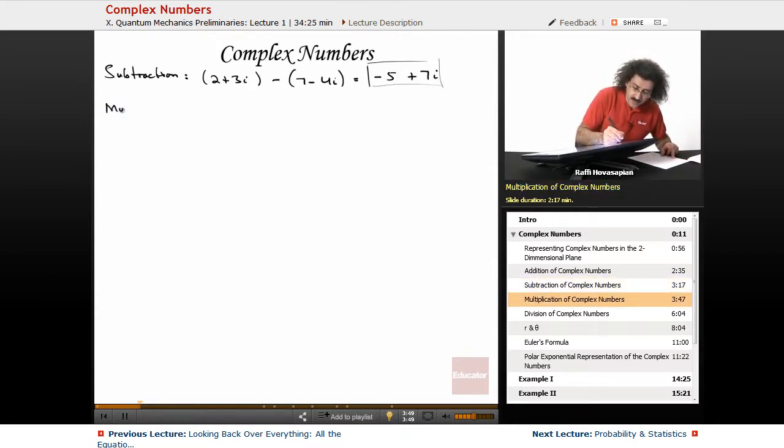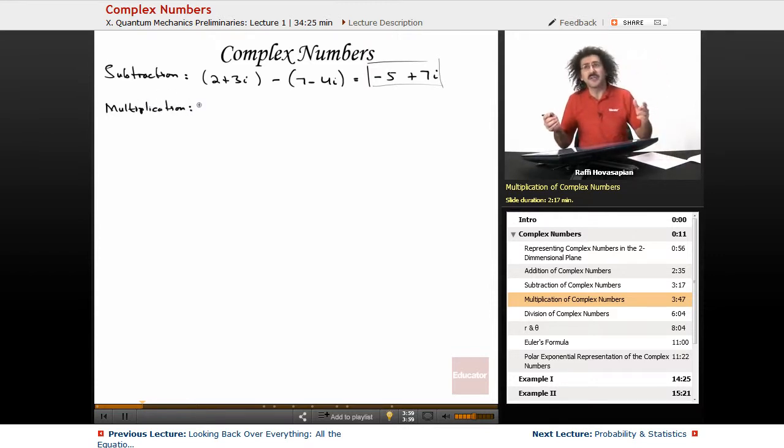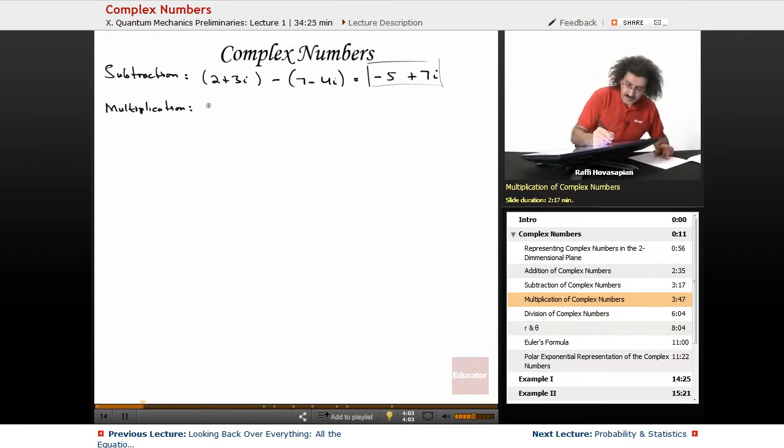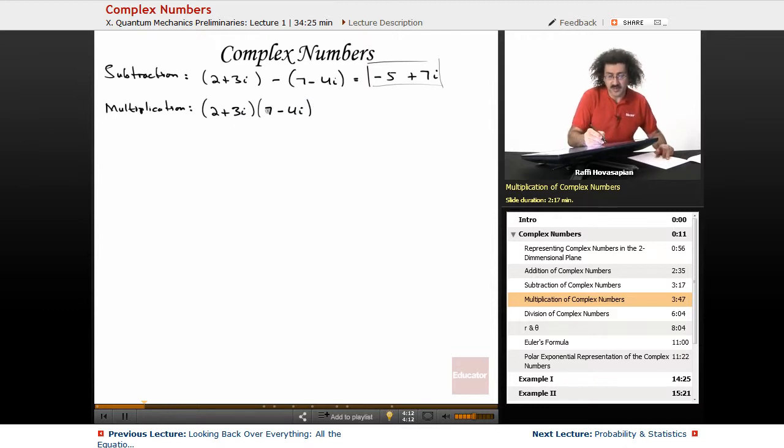Multiplication, also very straightforward. For multiplication, you're just going to treat it like you would any other binomial. So we have 2 plus 3i, and we have 7 minus 4i. So we're going to do this with this, the inside, the outside, that same thing.